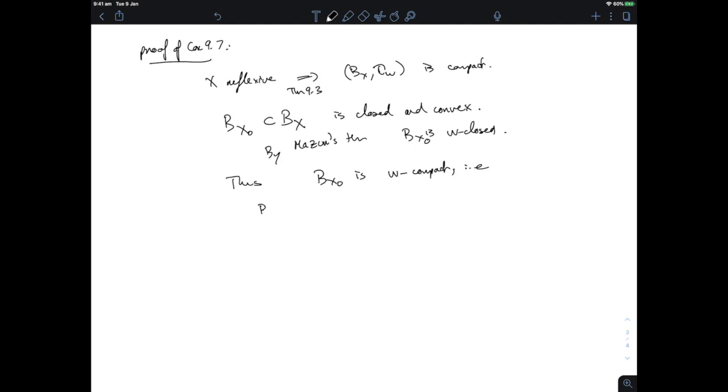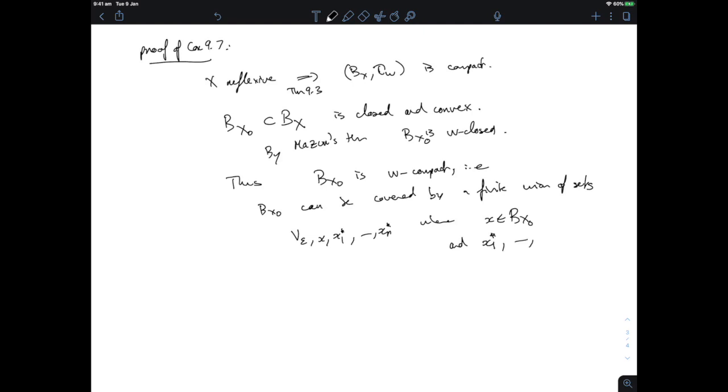So B of X naught can be covered by a finite union of sets of the form V_epsilon(x; x1 star, ..., xn star), where x is an element of B of X naught, so it's an element of the subspace X naught, and it has norm at most 1, and the xj star are elements of the dual of X. So that's the little caveat here, the element of the dual of X. Does that mean that they are elements of the dual of X naught, X naught star?